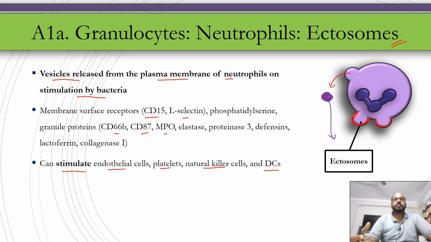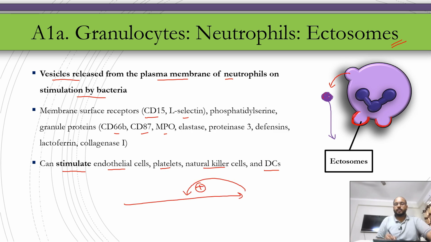Now remember, in immunity, one process does three things. It stimulates itself, which is positive feedback. It stimulates other processes, which is increasing the intensity of inflammation. And third, it also starts negative feedback so that the process stops eventually. Clear? So always remember, if there is an inflammatory process, it will further increase itself. That's number one.